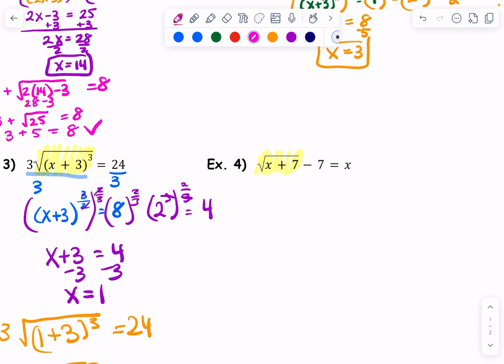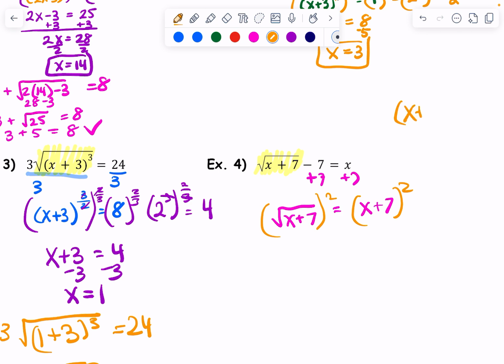All right, next one. First, we'll add 7 to get our radical alone. Now, a little reminder that this is to the 1/2 power, so we're going to be squaring both sides. But the difference here is that I have a binomial on the other side. So when I square a binomial, that's x plus 7 times x plus 7. So you would multiply this out, and you would get 7x, and then 49.